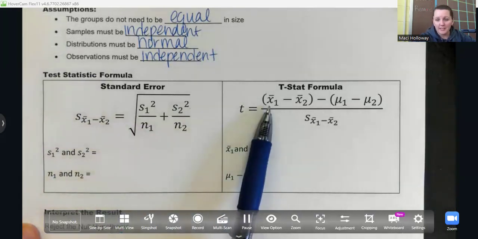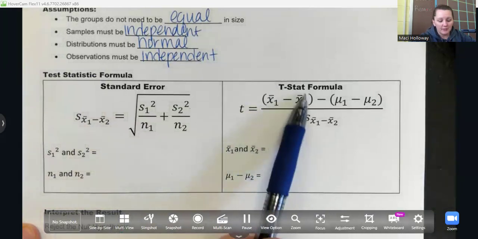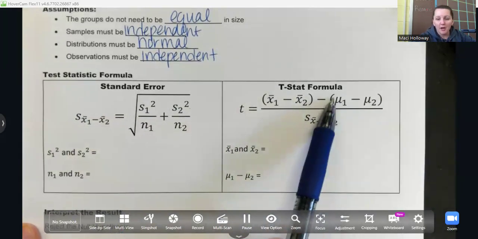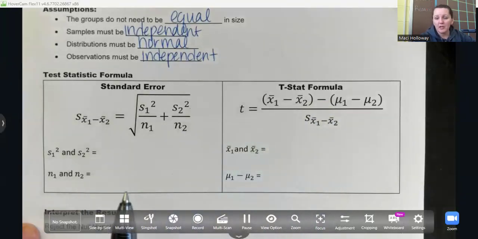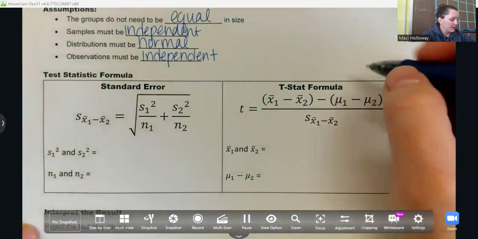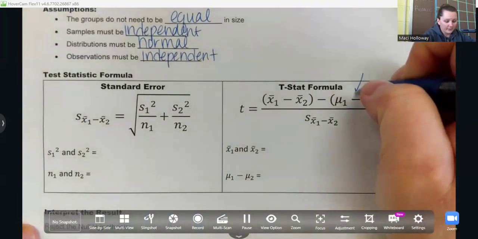Therefore, that affects our t-statistic formula. So this is the difference in the means, and the difference in the hypothesized means. Remember, when we're doing a t-test for paired samples, the difference in our hypothesized means, we always want it to equal 0.